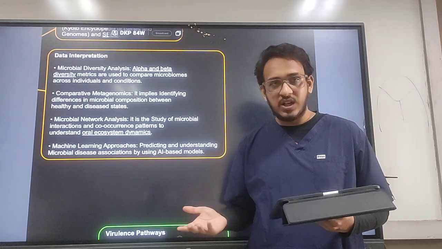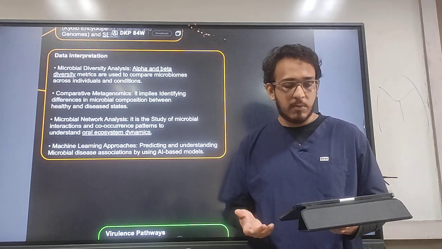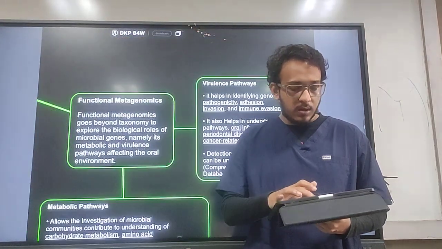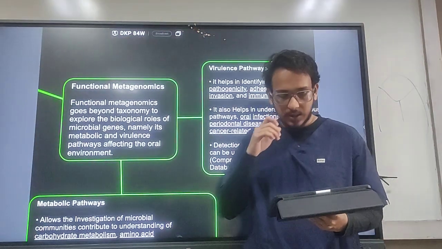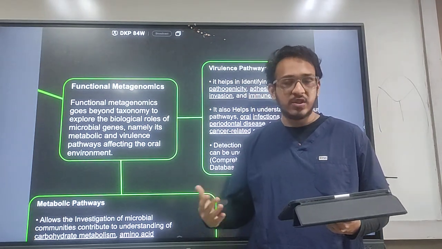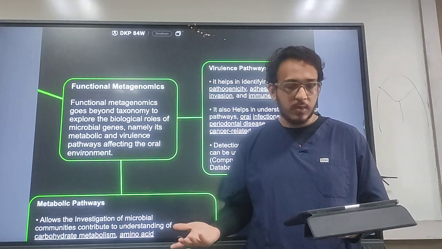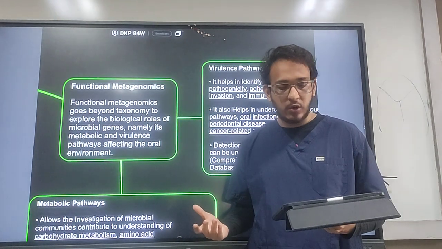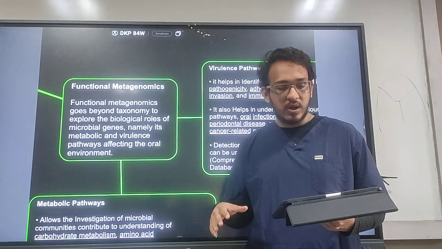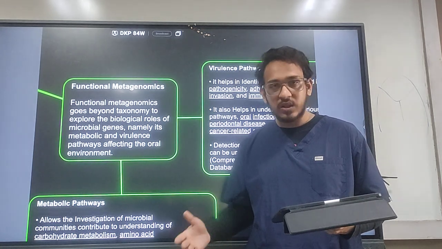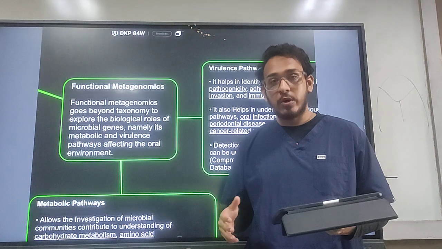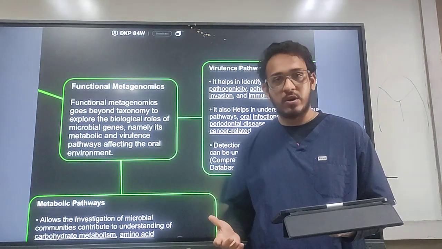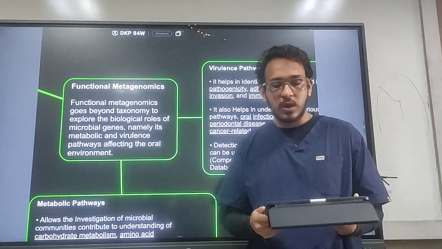Some machine learning approaches can also help to interpret data by using AI models. Functional metagenomics goes beyond taxonomy, which is the next step. It helps to identify the biological roles of microbial genes, namely for their metabolic and virulence pathways affecting the oral environment. So this helps to understand how the virulence actually occurs or the metabolic pathways of the microbes.